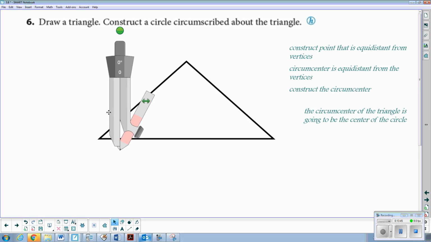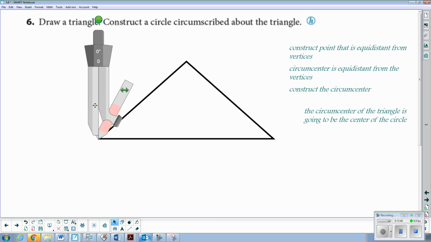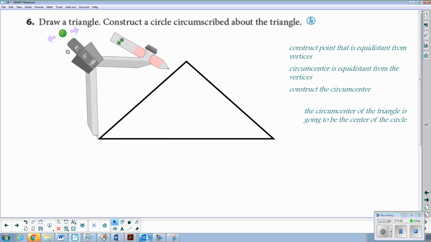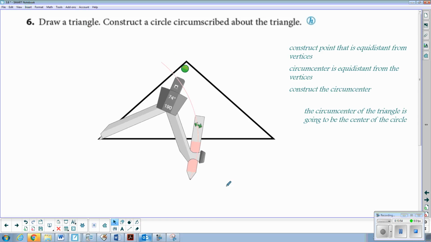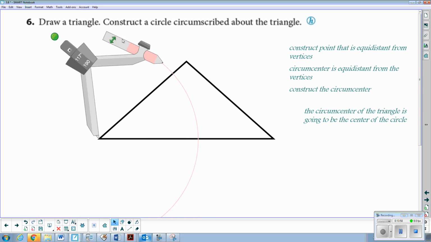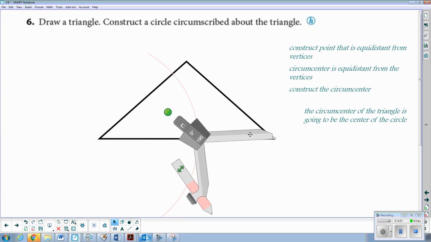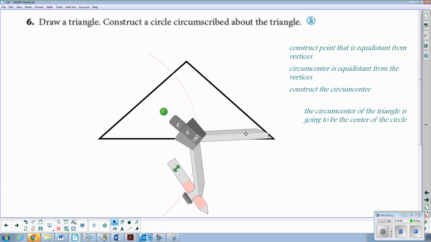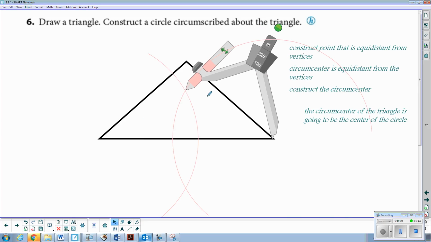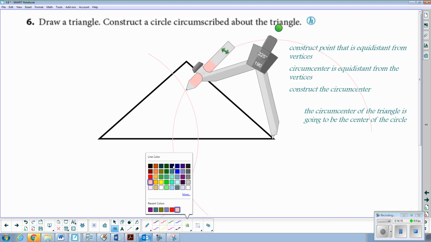So when you construct perpendicular bisectors, remember that you need 2 points that are equidistant from the endpoints. So I know a lot of you just draw it above and below. That's perfectly fine. So I'm going to do it that way. Okay, so there's 2 points on my perpendicular bisector of my base. I'm going to do it again for one of my sides.